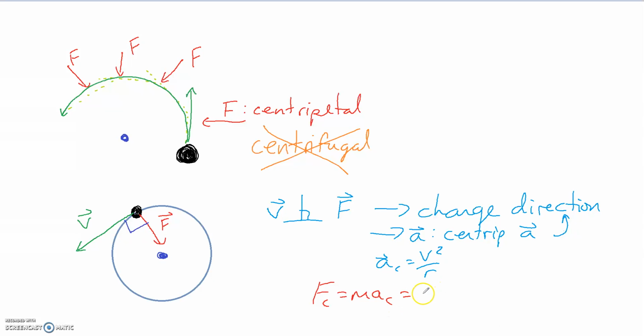If we replace the a_c with v squared over r, you get the very familiar expression of mv squared over r. And of course, this mv squared over r, as mentioned before, comes from lots of places. It can be from tension, it can come from the force of friction, it could be the normal force, it could be the force of gravity. There's lots of places that force can come from, causing things to move in a circular pathway.